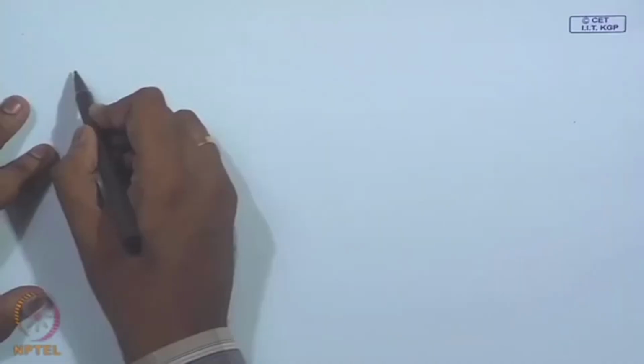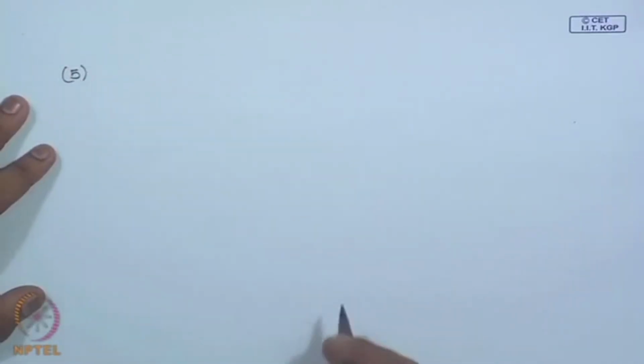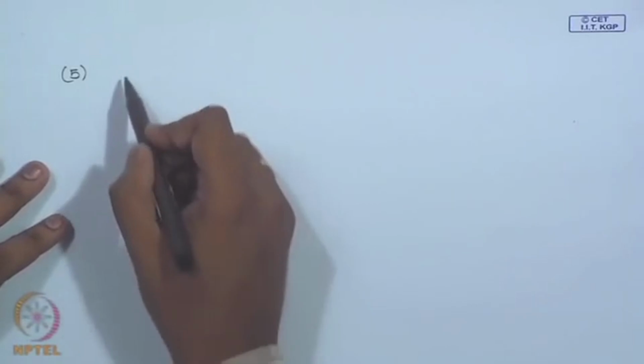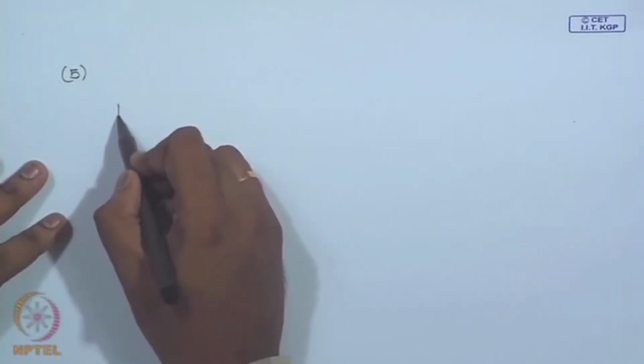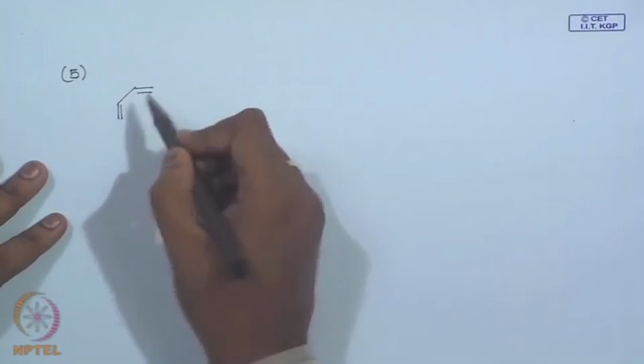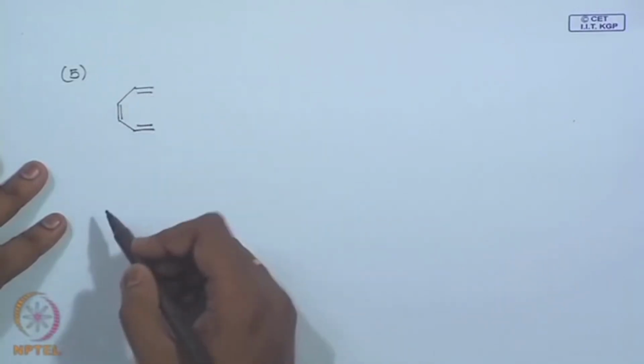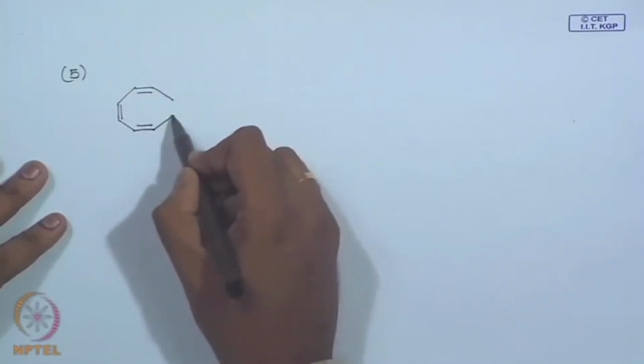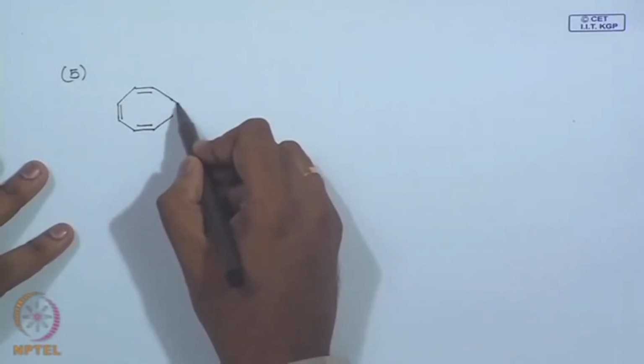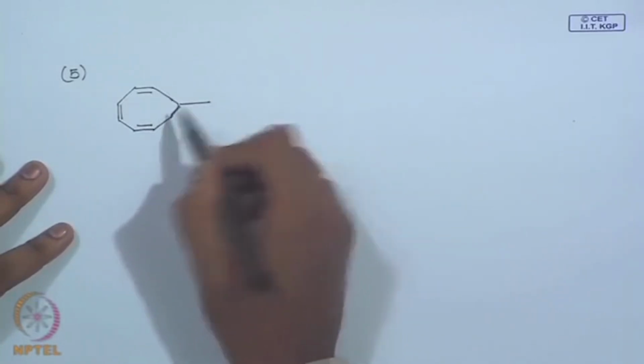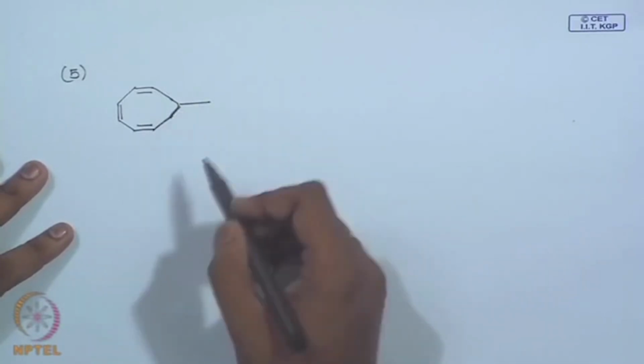Now what we will do is take a simple system, which you will understand. Okay, it's a single bond.